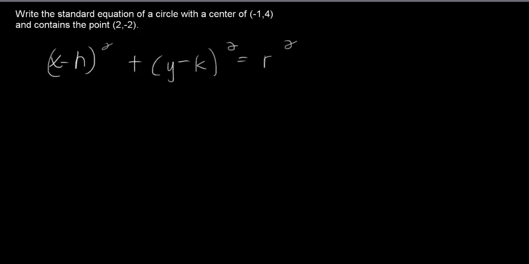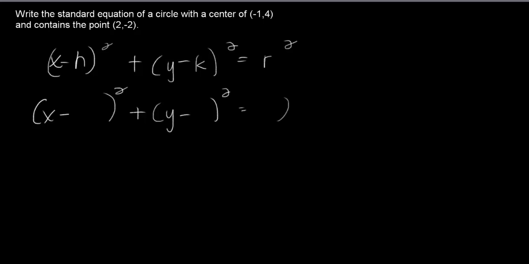Okay, so what we do, we're going to take that center h and k as the center, the x and y value. So it's x minus something plus y minus something, and they're squared, of course, equals r squared.